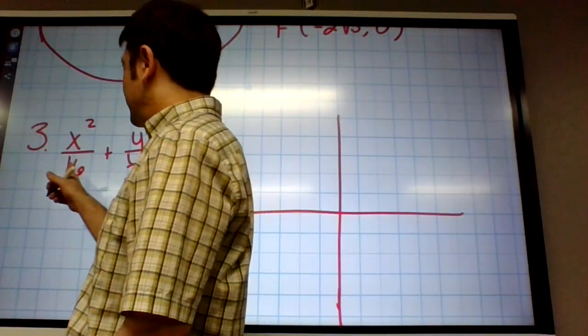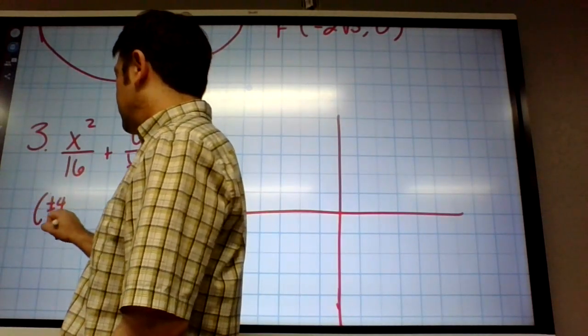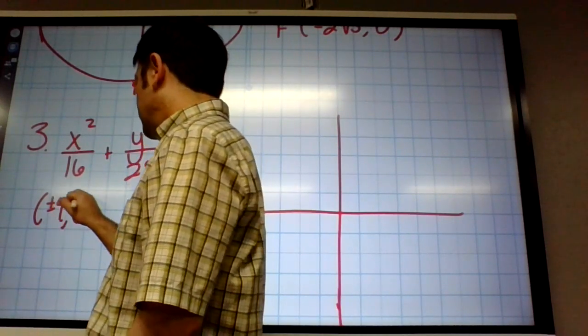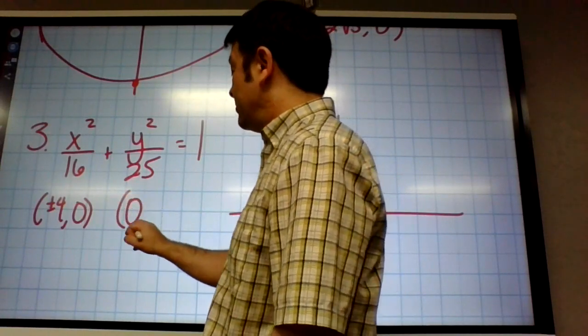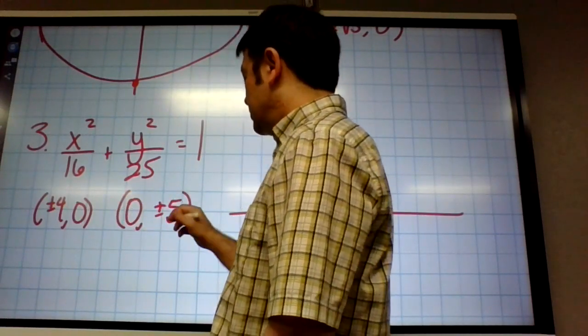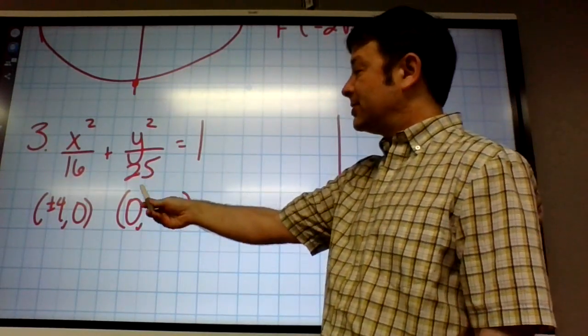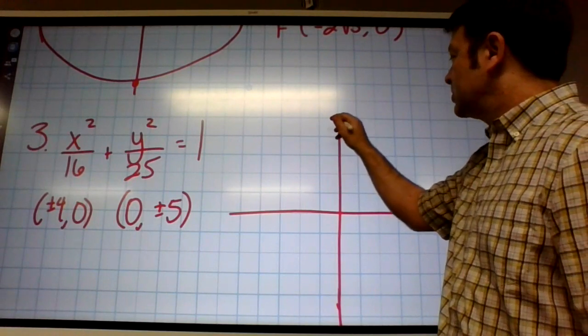The x-intercepts are going to be at square root of 16, so that's 4, 0. The y-intercepts are going to be at square root of 25. Those would be the vertices, because the y is going to be the major axis this time. It's longer. 2, 3, 4, 5.